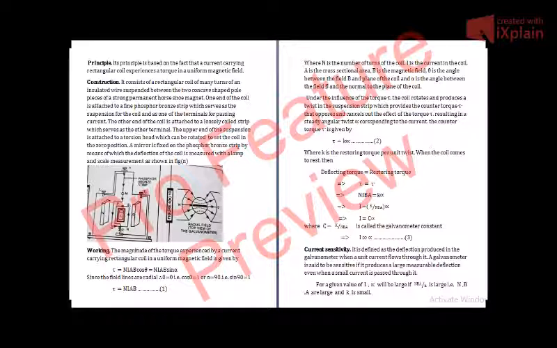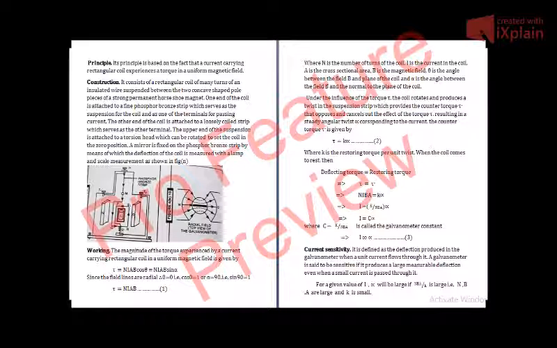N is the number of turns, and we know how many turns are there in the coil, and k is also a constant. So they are all constants, and when we multiply and divide them, we again get a constant, and we denote that constant by C. So C is equal to k by NBA, and this is called the galvanometer constant. This implies I is proportional to alpha.